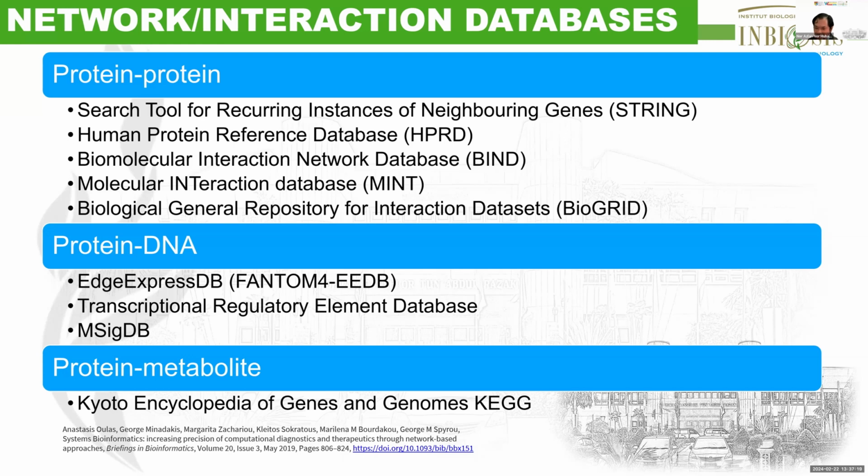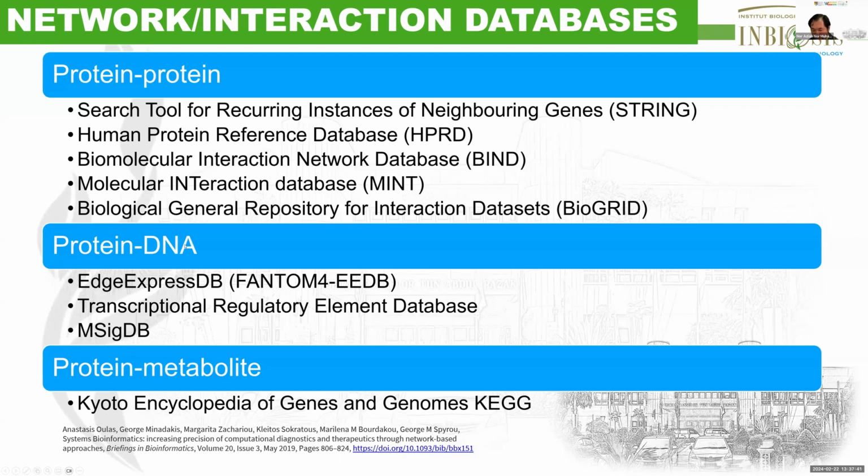For those who are working on non-model organisms, it's good to start with STRING, because it's not species specific. So all the species that have their genome already generated are put into the STRING database.